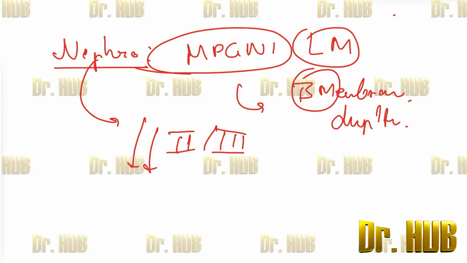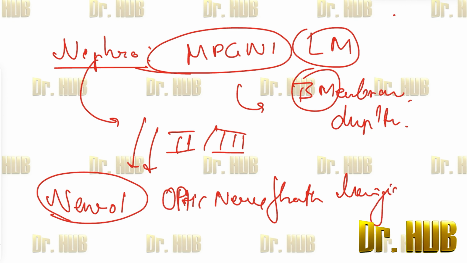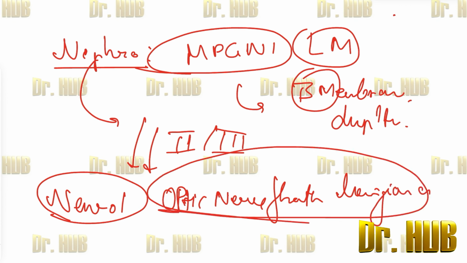Next, we move on to neurology. Under neurology, the term has been described as a finding associated with optic nerve sheath meningioma. So optic nerve sheath meningioma, and the tram track shaped calcification in the cerebral cortex indicates Sturge-Weber syndrome.